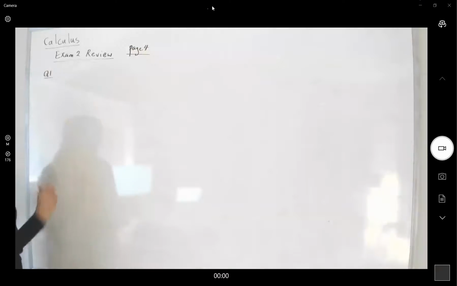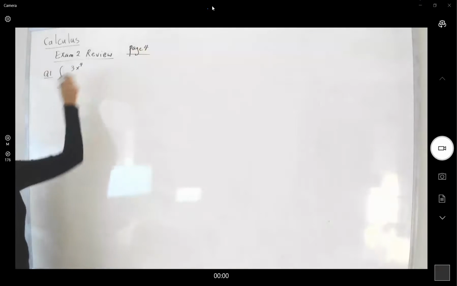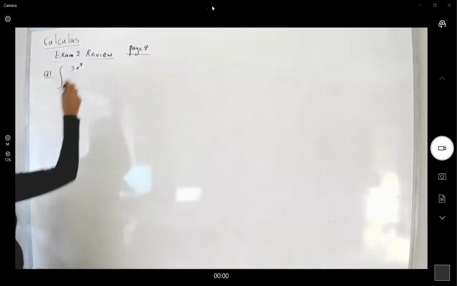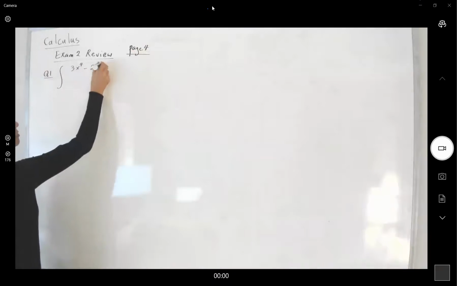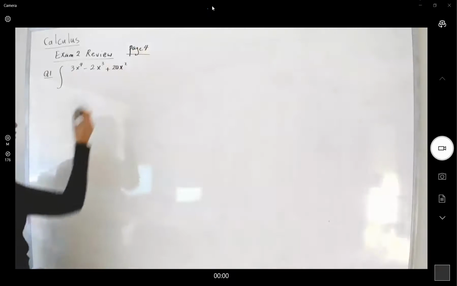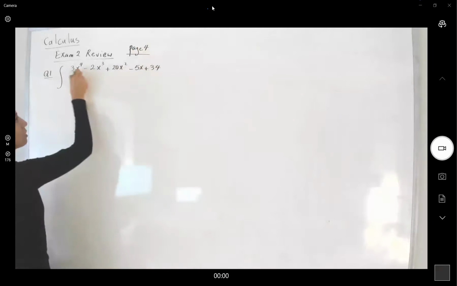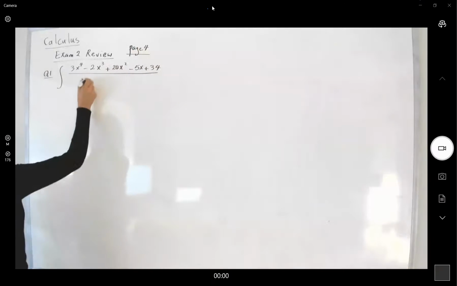Question 1 says, find the integral of 3x to the 4 minus 2x cubed plus 20x squared minus 5x plus 34 divided by x minus 1.